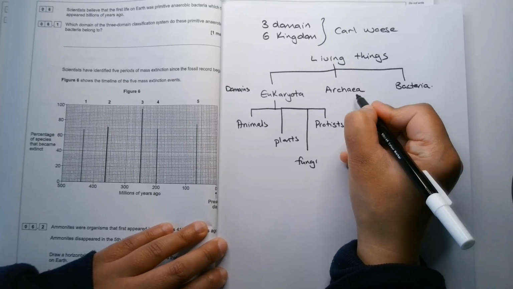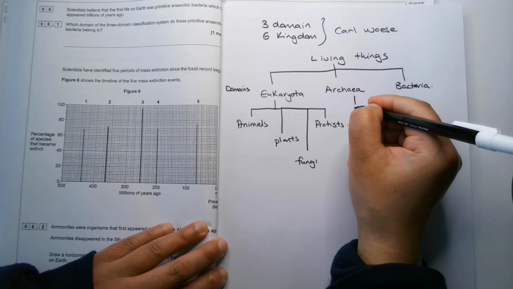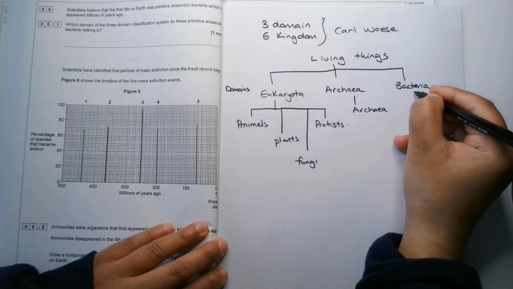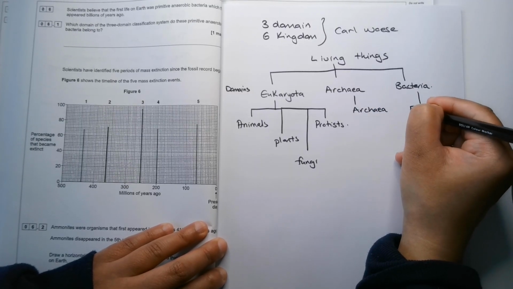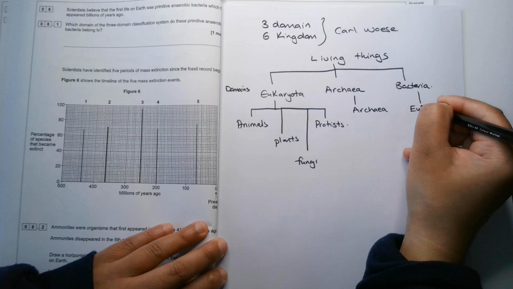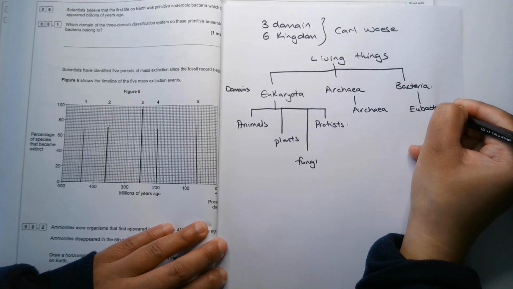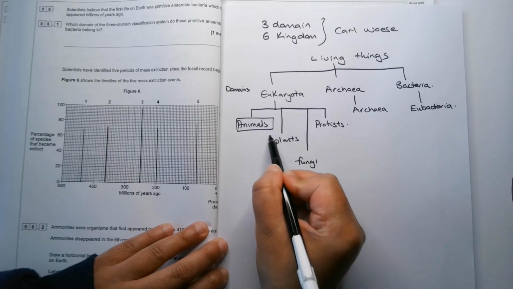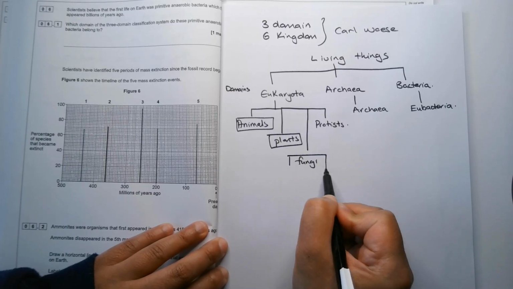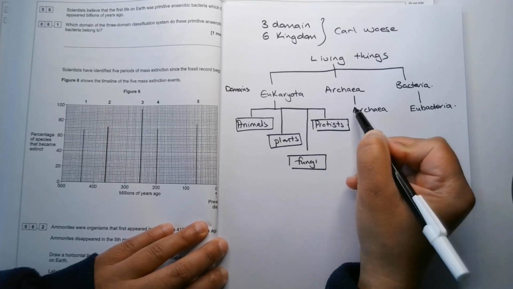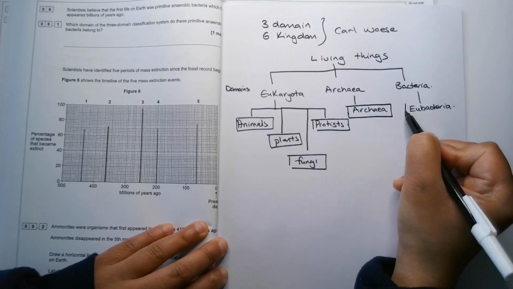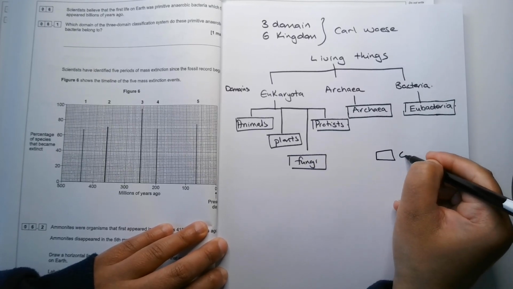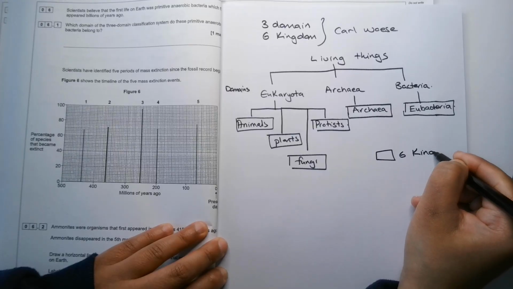Archaea, you can just call it archaea again, keep it nice and simple. Bacteria, you can call it just bacteria or eubacteria. And if you have a look, 1, 2, 3, 4, 5, 6. These are your 6 kingdoms.